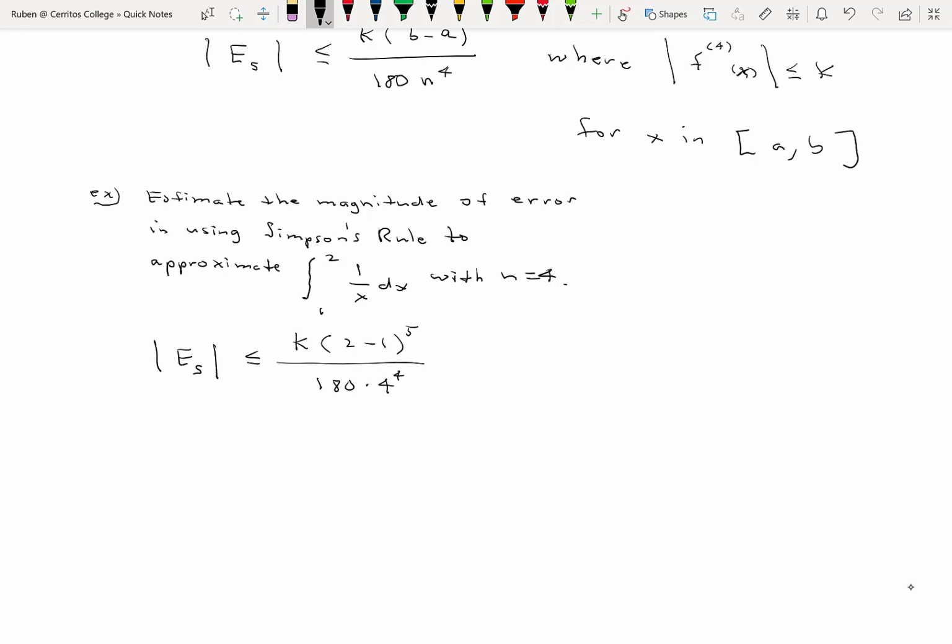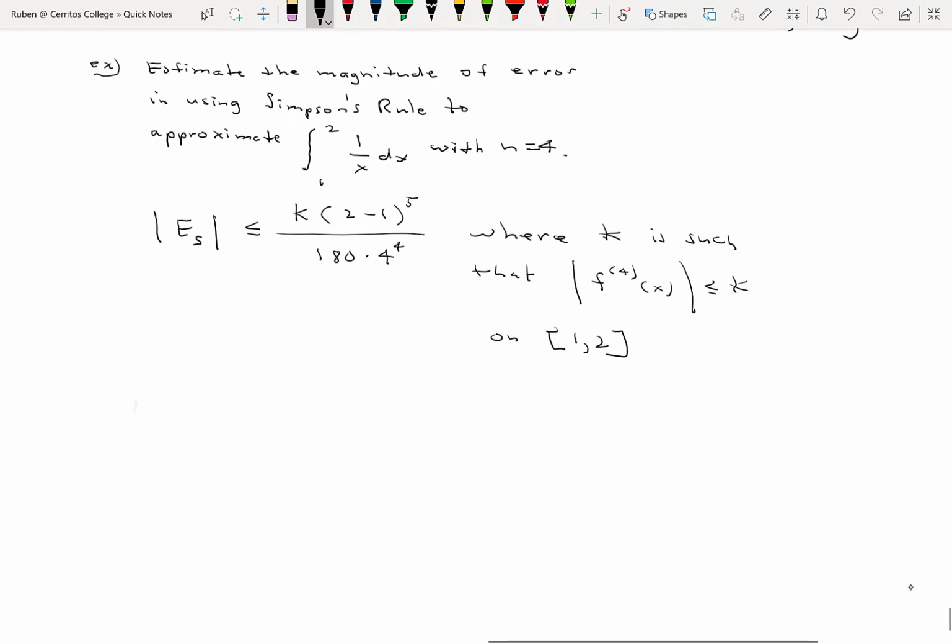Okay, so we need our value of k. Again, this is not the same value of k as before. K is such that the absolute value of the 4th derivative is no bigger than k over the interval we're integrating, on the interval from 1 to 2.